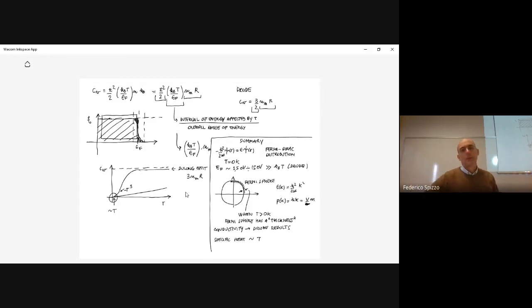So not the full dependence, but something that is physically reasonable and in agreement with the results that you obtain when you make the experiment and measure the actual dependence of CV as a function of the temperature. Okay, so that is the situation where we are now.